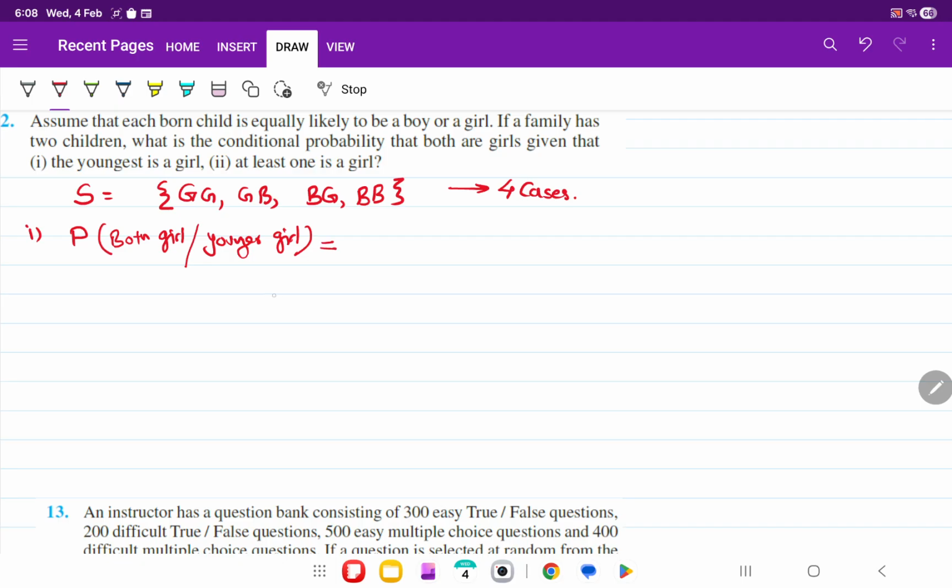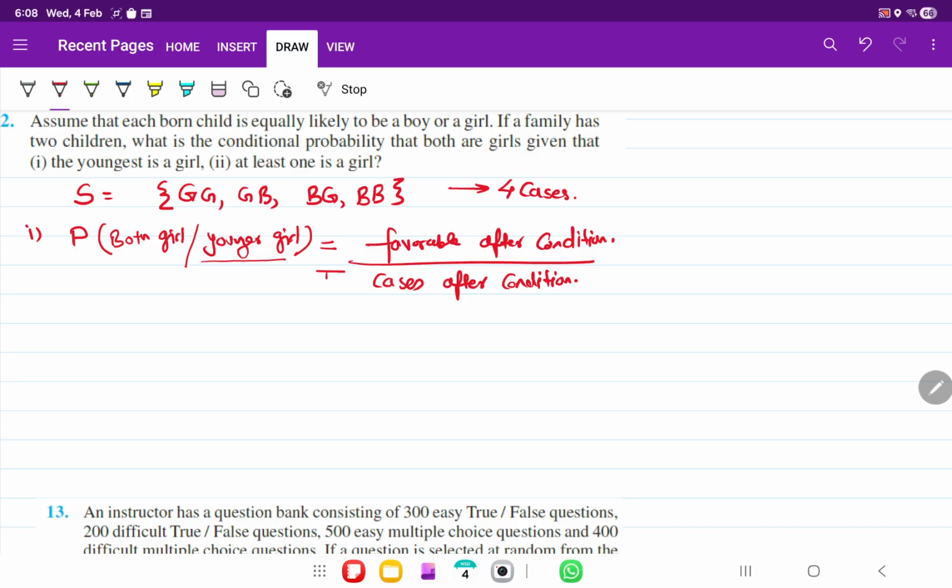So what is the probability formula? Let me apply the logic. We can apply the logic here. So the condition is younger is girl. So we take total cases after condition and favorable after condition, because this is a conditional probability.